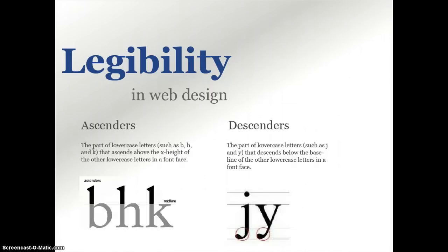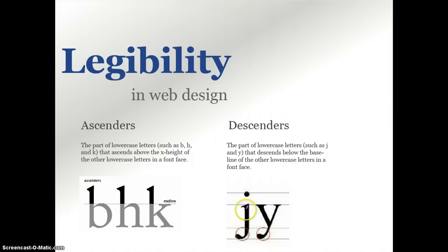The ascenders and the descenders. The ascenders are the parts that come above this midline, say the top of the X. The descenders are the items that go below the baseline. And these are important because different styles of font, different font faces, have either longer or shorter ascenders and descenders.